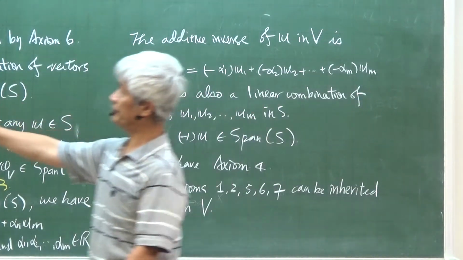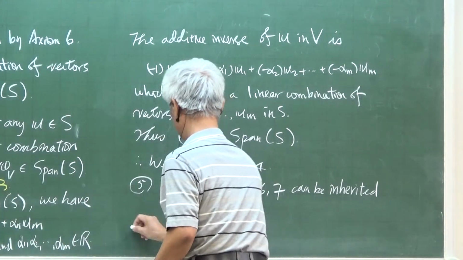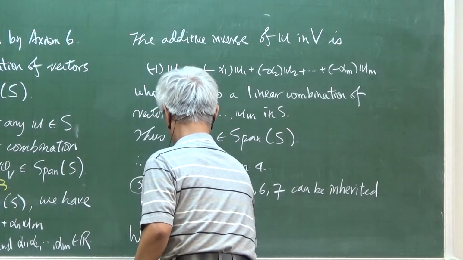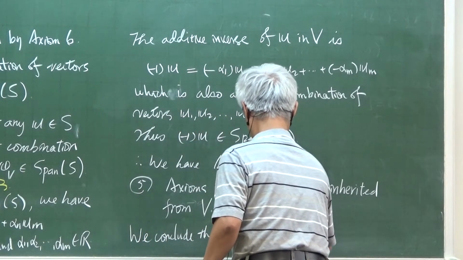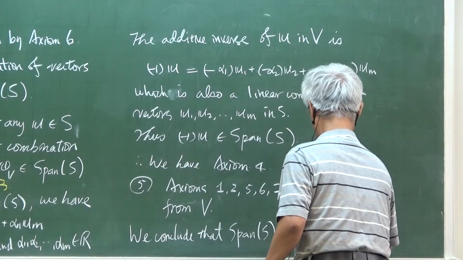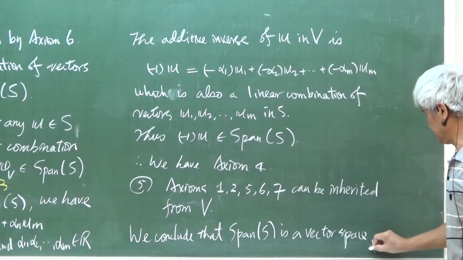Because we proved that vector addition and scalar multiplication are closed on the span of S, and we also proved the 7 axioms are fulfilled for the span. So everything has been checked. So the conclusion is the span of S is a vector space. So that's the end of that.